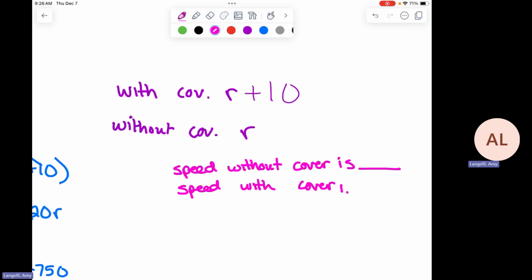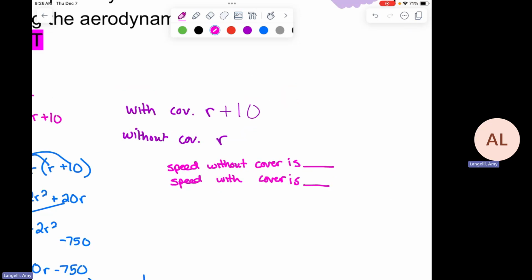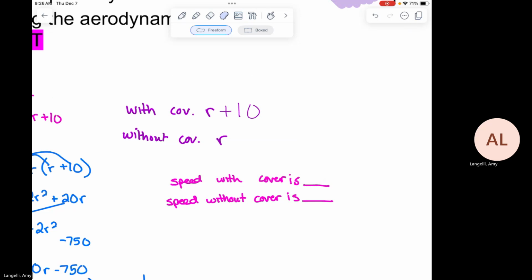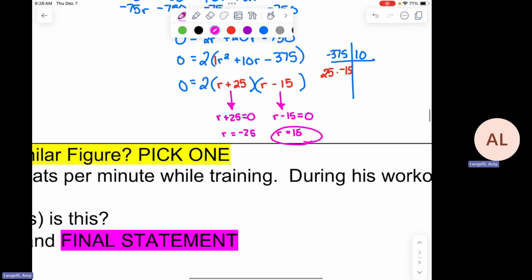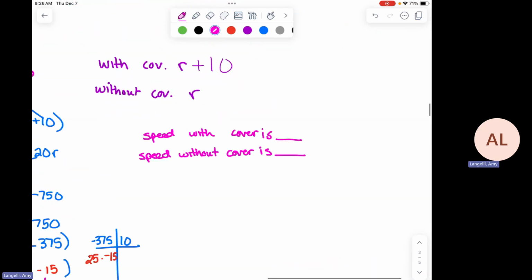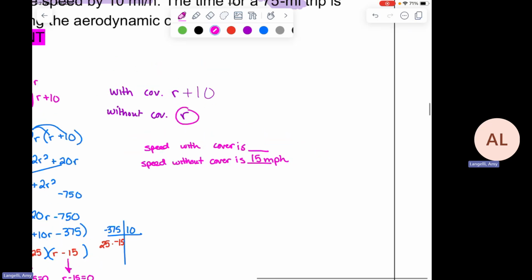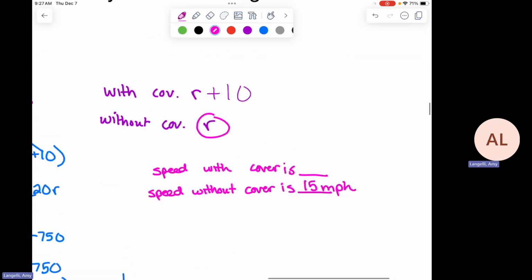Now my question is, why did you pick... Good. So she says down here she picked the positive 15 because you can't pick negative, unless you're only going backwards, but don't do that. Don't even pretend that's a thing. And so up here, R was the plane's speed in the air without wind. So our answer was 15 miles per hour, right? Not kilometers or anything. I think it was miles per hour. And then you said width was 10 bigger than that.